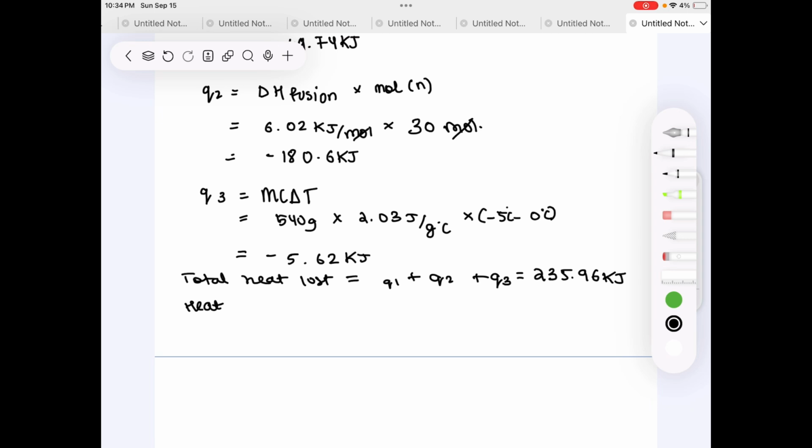That is, the heat gain is equal to heat of vaporization into mass of CF2Cl2 vaporized.